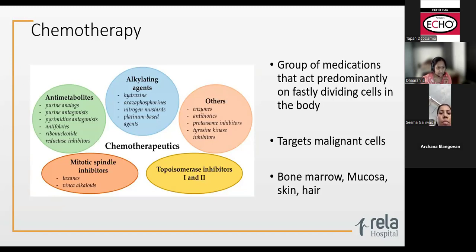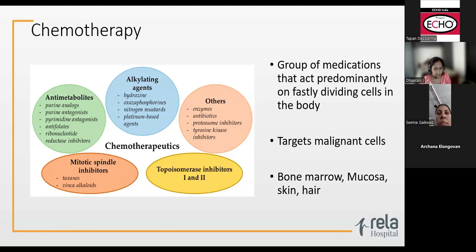And whenever the cell is dividing fast, some drugs will go and bind to the DNA and damage it. So that group is mitotic spindle inhibitors, that is the Vinca alkaloids. The most commonly used chemotherapy, vincristine, vinblastine, these drugs belong to this group.